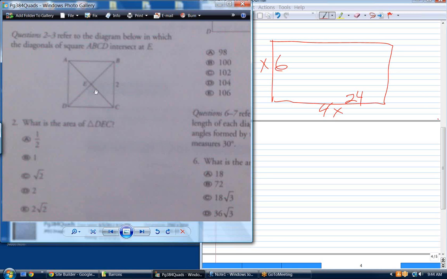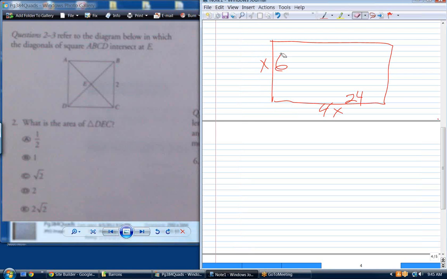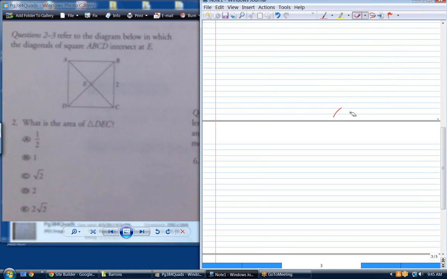This is a square. What is the area of this quadrant, or this part of the square? Well, I know one side is going to be 2. All the sides of the square are going to be 2.